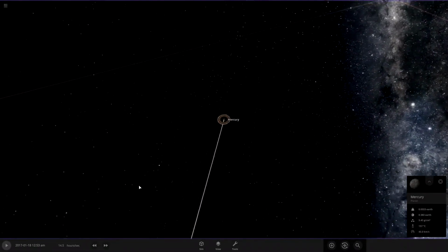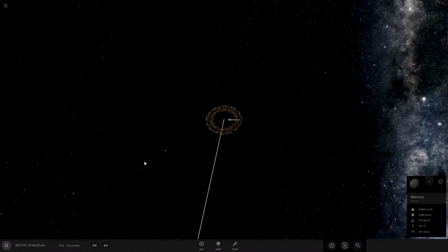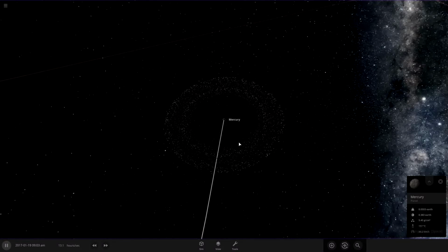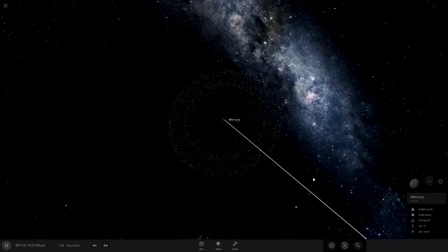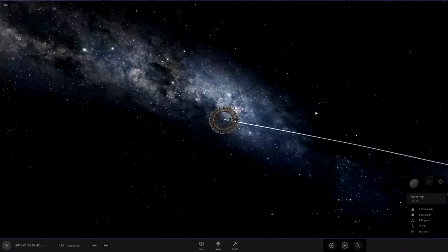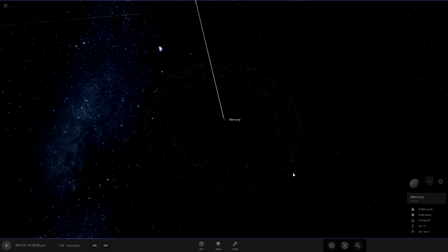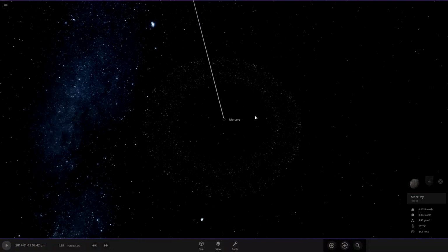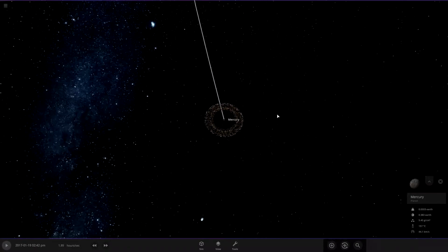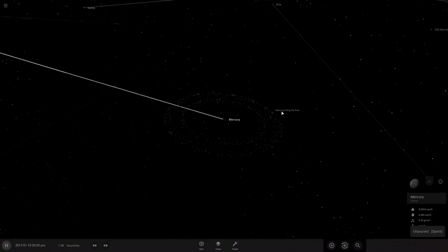I want to see how long it takes the Sun to rip them away from Mercury. Depending on how good the game is, the outer ring pieces are going to be pulled away faster than the inner ring pieces, because the outer rings are further from Mercury's gravity, so they move much slower and they're more susceptible to the Sun's influence over Mercury's.